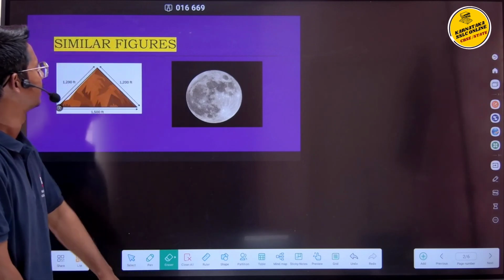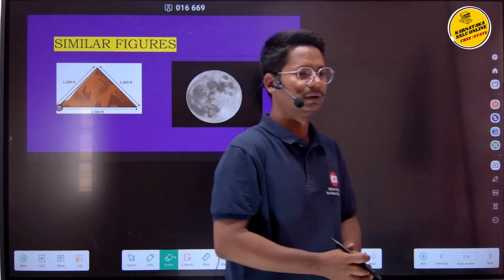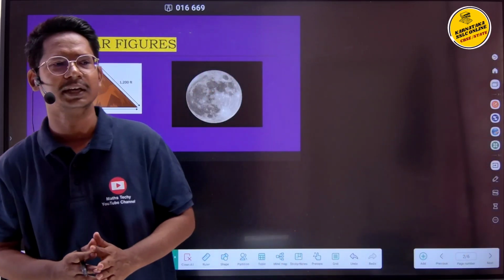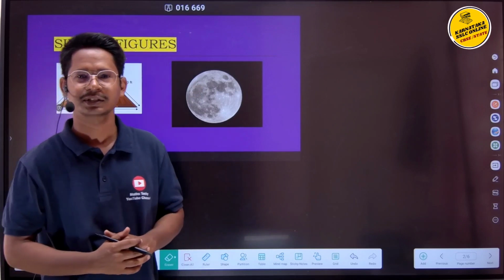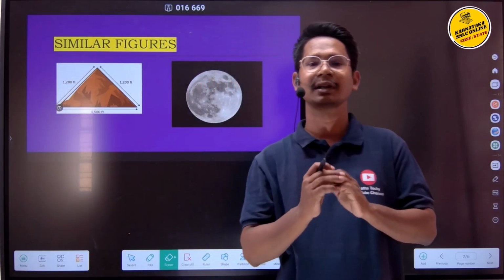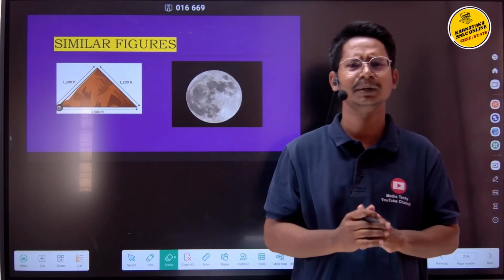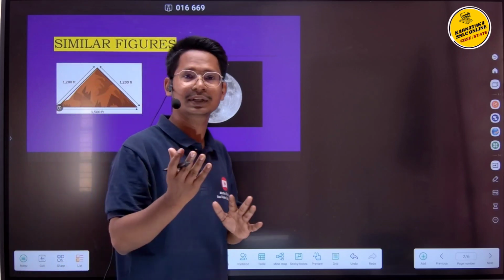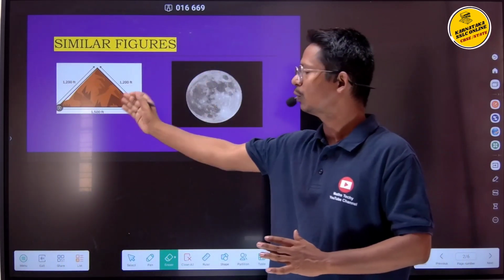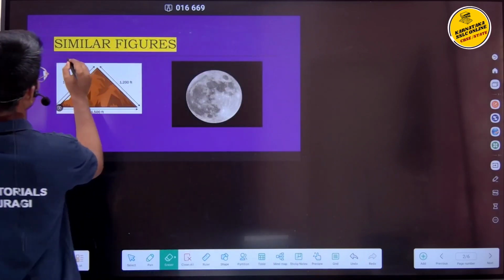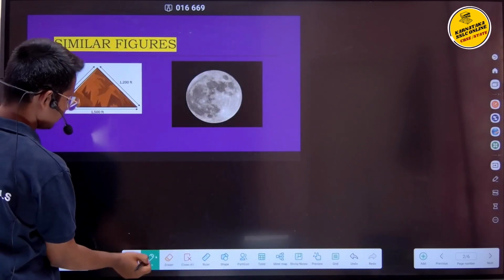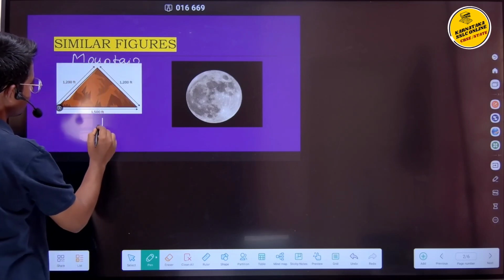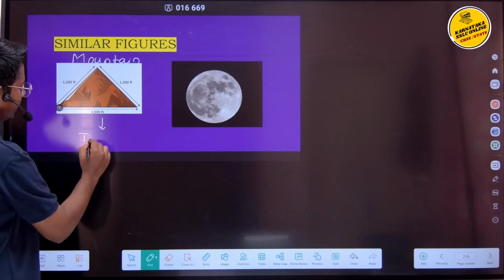In triangles, first we need to understand what are called similar figures. In our day-to-day life we see different objects, and objects resemble some other objects. It means we compare one object with another object, isn't it? For example, if you take a mountain, the shape of this mountain is a triangle.